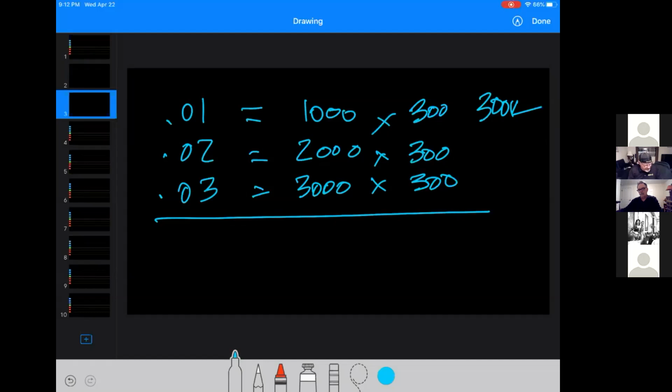All right. So let's take the Euro USD. Right now it is at 1.08160. That's what Ryan's talking about.